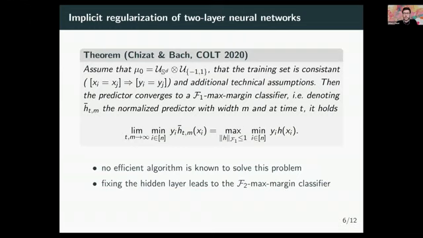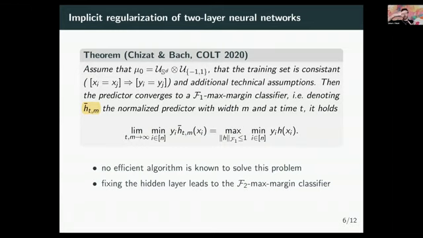But under this assumption, we can show that the predictor converges to an F1 max margin classifier. This means that if I consider this function, which will be the normalized predictor, the actual predictor will be a function which diverges to plus infinity.